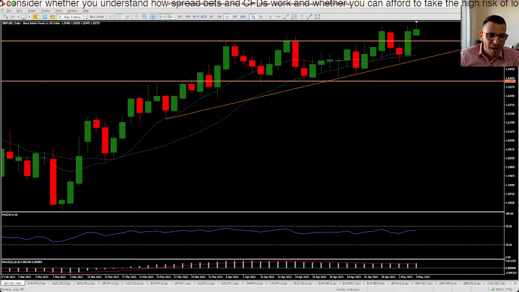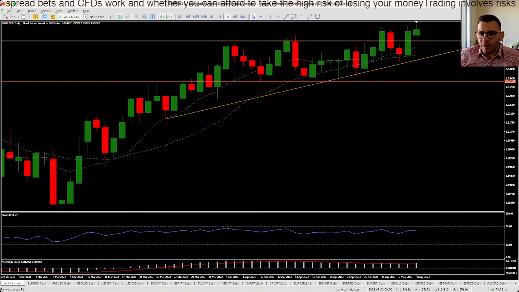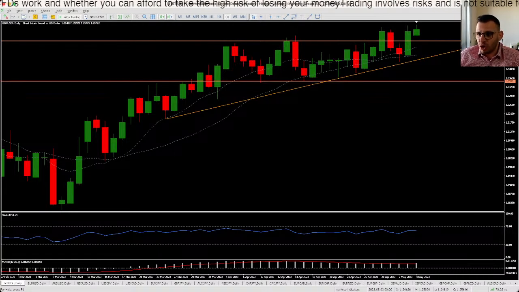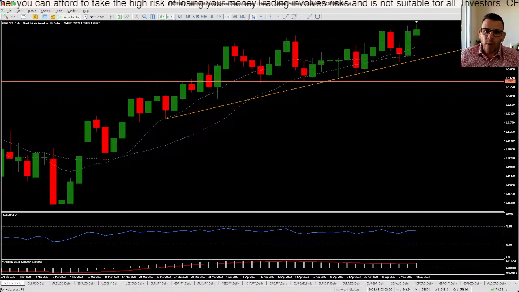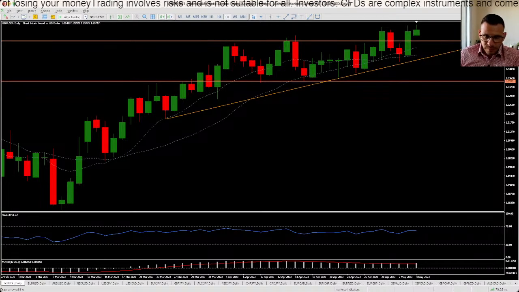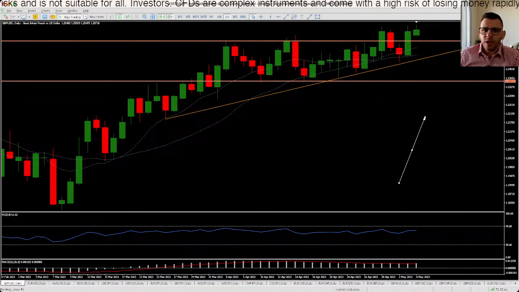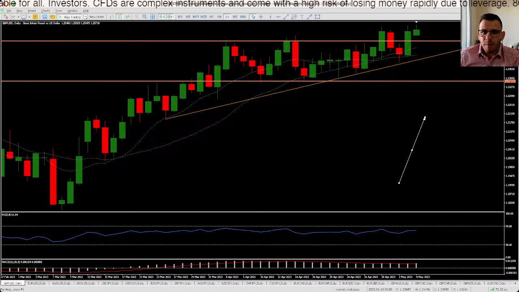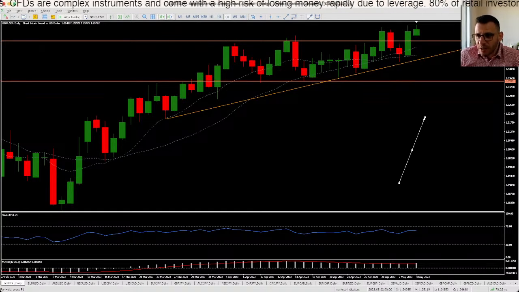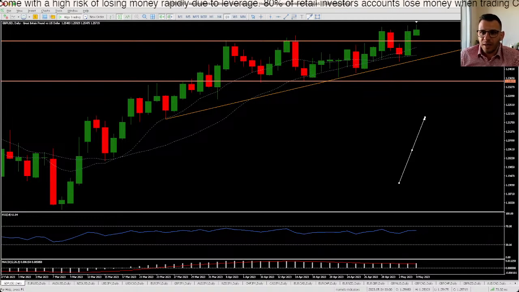Remember, this is the pound against the US dollar. Bullish engulfing means pound strong, US dollar weak. It means that the news was bullish for the US dollar, but the price showed that the US dollar is bearish.